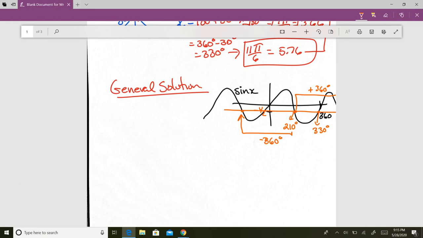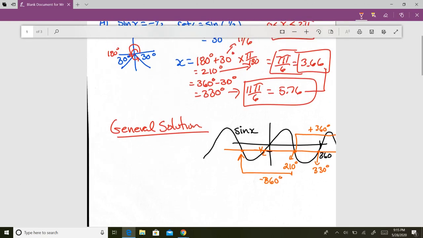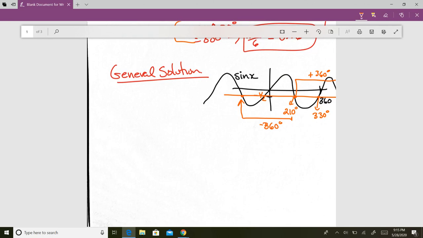But there's an easy way to find it. All you do, and I'm going to do it in degrees here, you take your two answers, 210, 330. So the general solution is going to be 210 plus n360, and 330 plus n360, it's just multiples of the period.